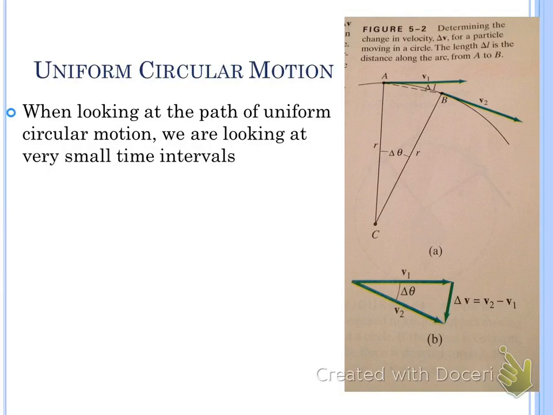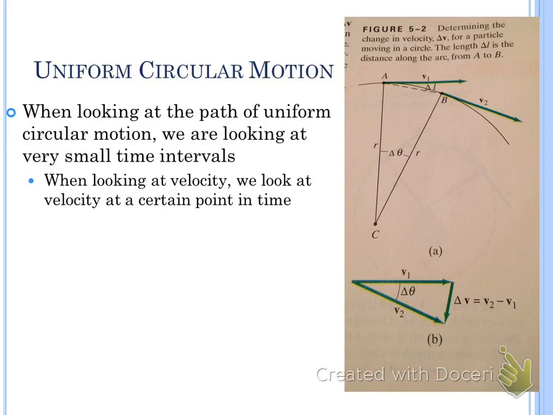We are not going to go into derivatives, but we're looking at such a small time interval that we see an infinitely small change with every single second of time that goes by. Does that make sense? So from our point of view, when I say calculate the velocity at this time, I'm basically looking at this one split second in time. I want to know at that exact moment what its velocity is. We're not going to look at derivatives.